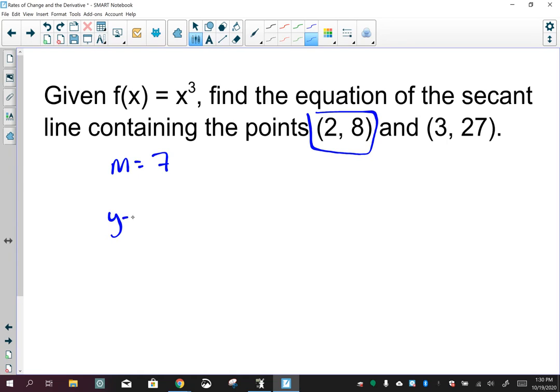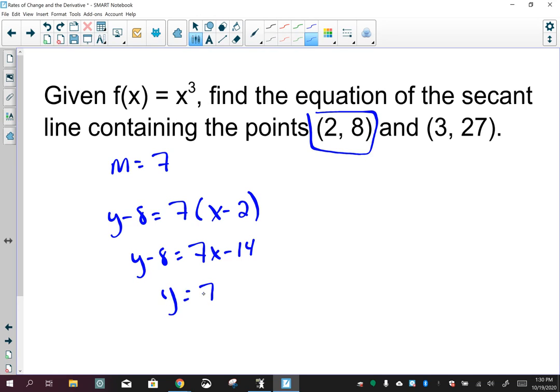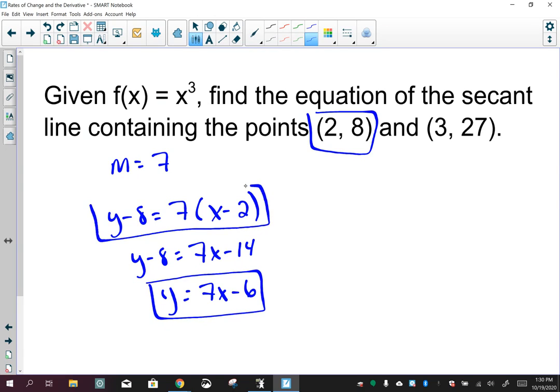So y minus 8 is equal to 7 times x minus 2. If you decided to solve for y, 7x minus 14, so my y is 7x minus 6. Again, on free response questions, unless it tells you to solve for y, leave it in your point slope form.